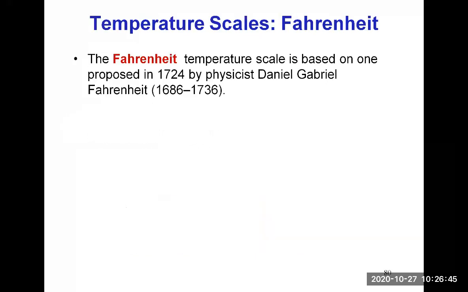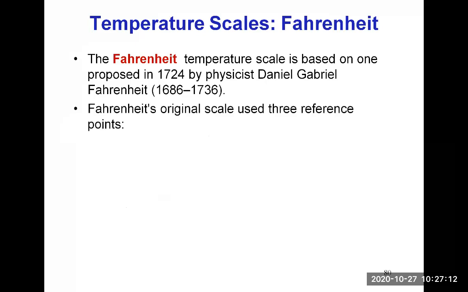So there are 3 temperature scales that you need to be aware of. The first one is the Fahrenheit. The Fahrenheit temperature scale is based on a scale proposed in 1724 by the physicist Daniel Gabriel Fahrenheit, who was born in 1686 and died in 1736.